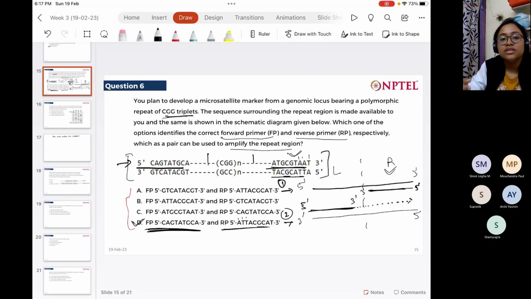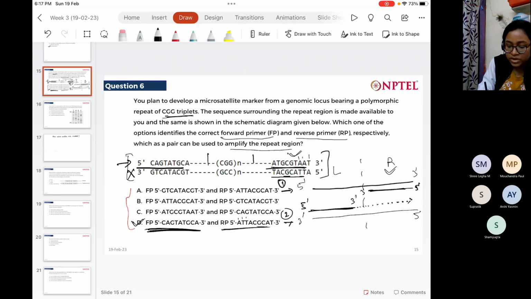If you remember that, you can simply look at your double-stranded DNA and choose 15 to 20 bases from the 5 prime end as well as the 3 prime end. And even if you have just the 5 prime to 3 prime sequence and don't have the second one, you can design your forward and reverse primer.